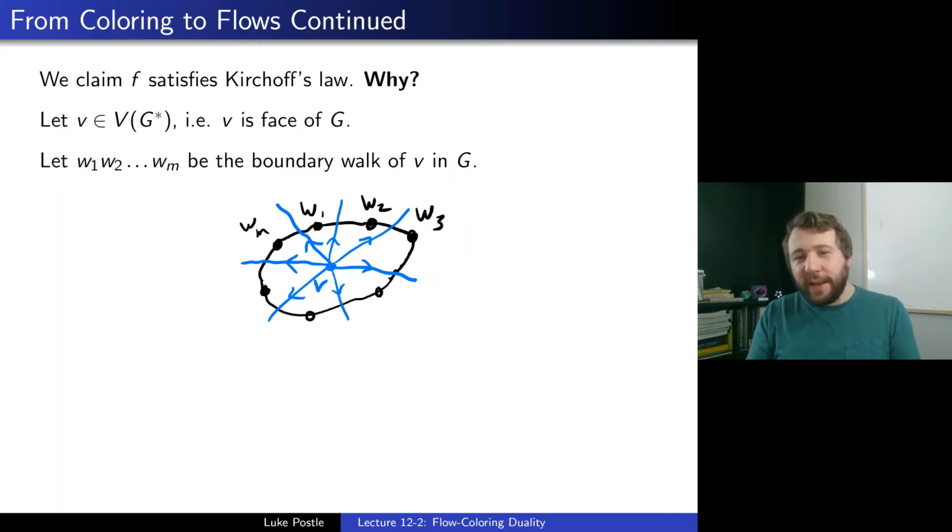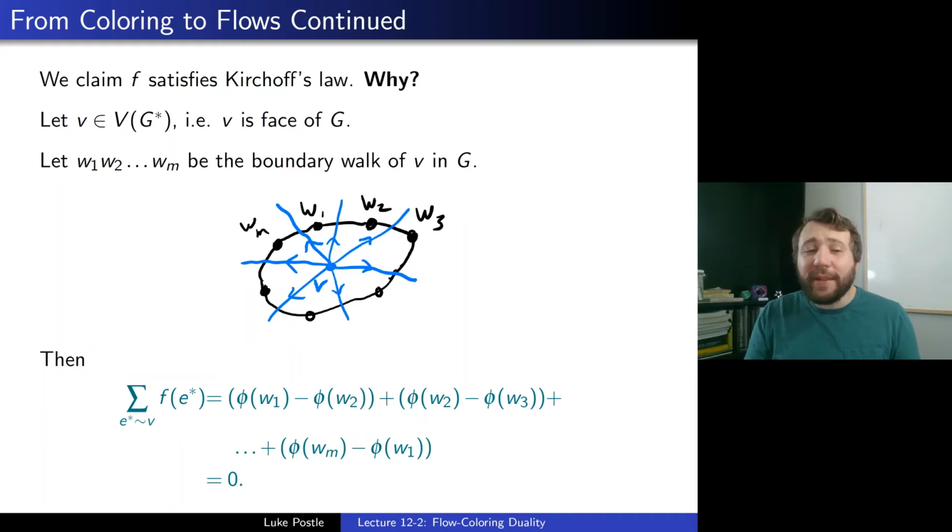So you have this face, W1 up to Wm, and the edges of the boundary walk form duals in the blue graph. We want to count the value of the flows coming out of there.